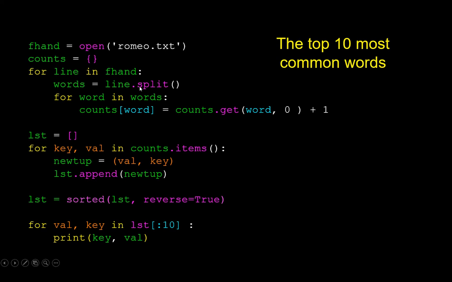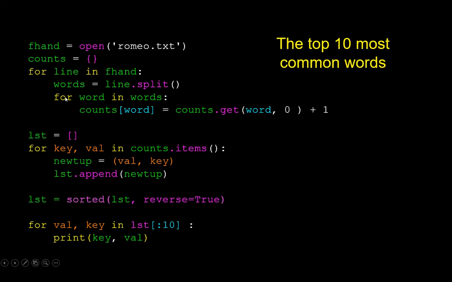We're going to use every word. We split that line into words, and we assign it to the variable words, with the S. So this would be a list of all the words that we have in each line after this for loop has been completed.